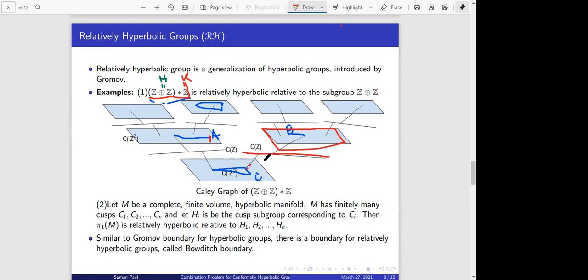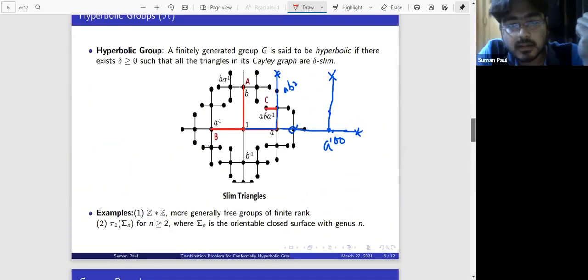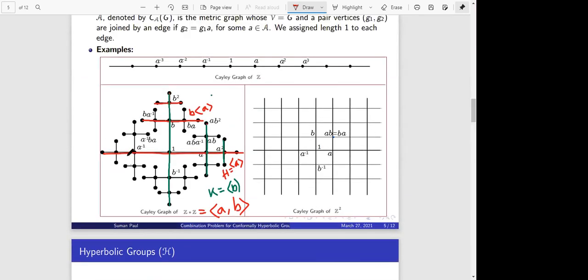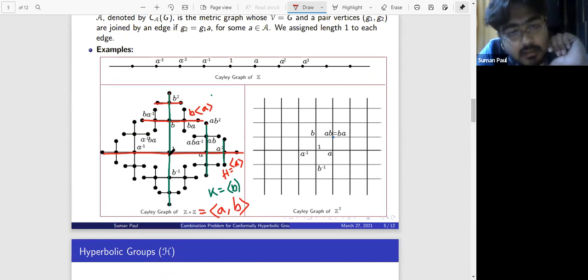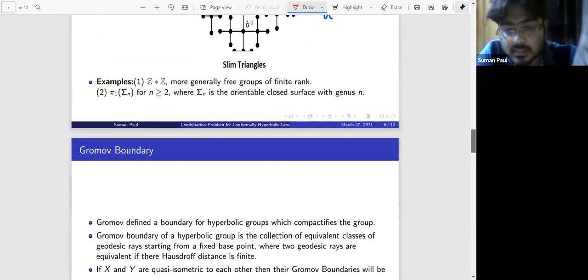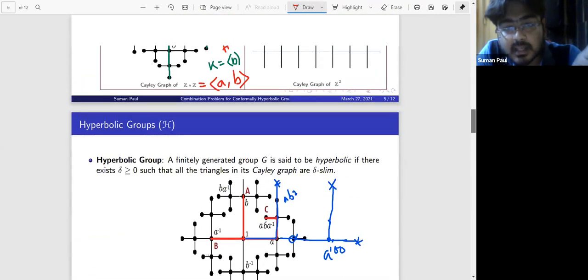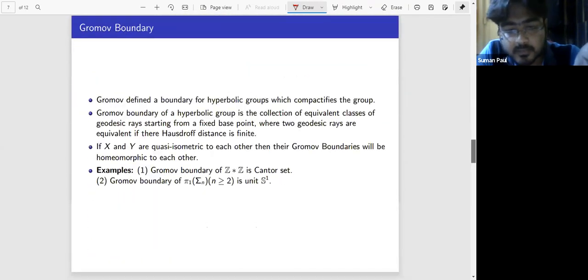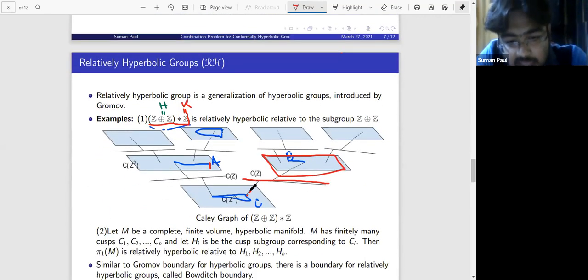But in the previous picture of Z star Z, in between two green lines there is only one edge, right? Okay, yes, there is a mistake, I think. This edge is not there. These 2 points are identified in the Cayley graph.